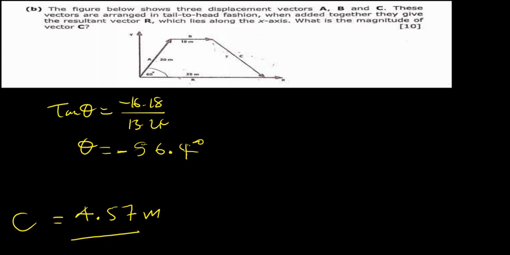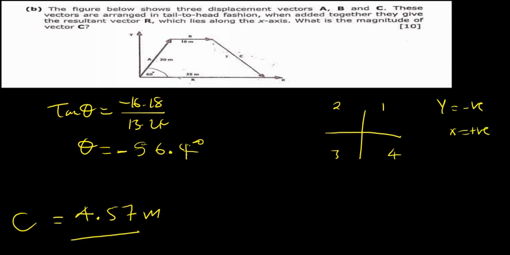Can someone tell me the quadrant in which y is negative and x is positive? This is the first quadrant, this is second quadrant, this is the third, fourth. Which one? 1, 2, 3, or 4? Y should be negative, and then x should be positive.